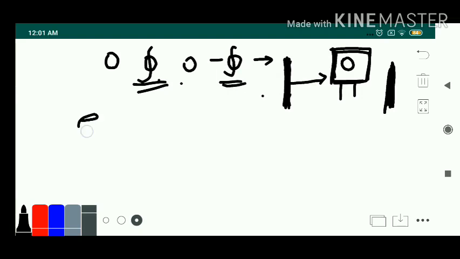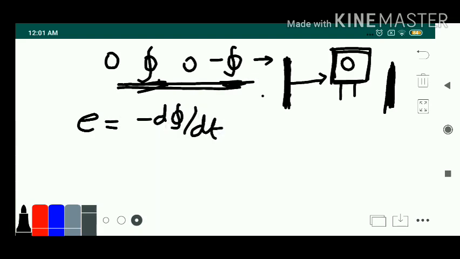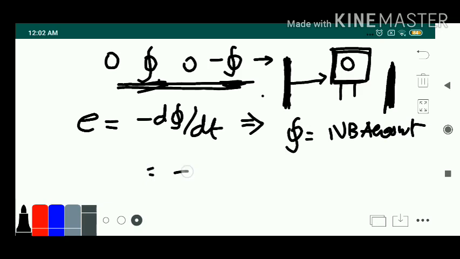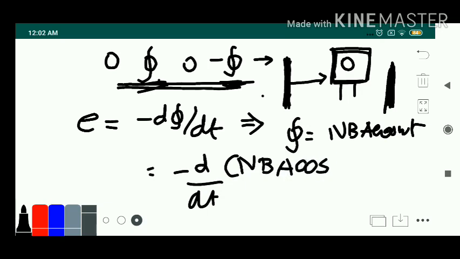Okay, so whenever there is a change in flux, an EMF is induced, that is minus d phi by dt. I just wrote earlier that phi is equal to, remember, NBA cos omega t, right? Now we are going to substitute this value here, so it becomes minus d by dt of NBA cos omega t, right?